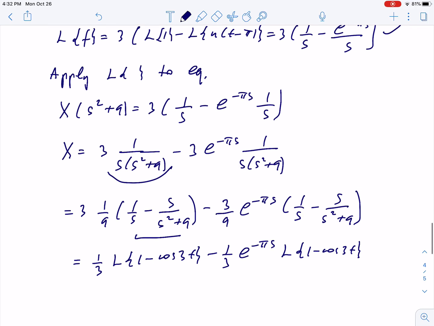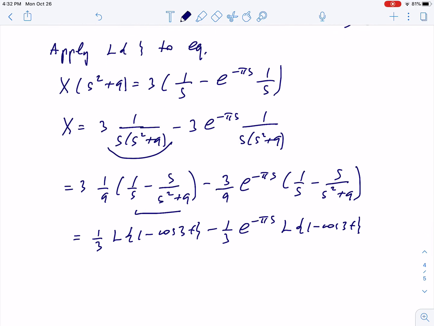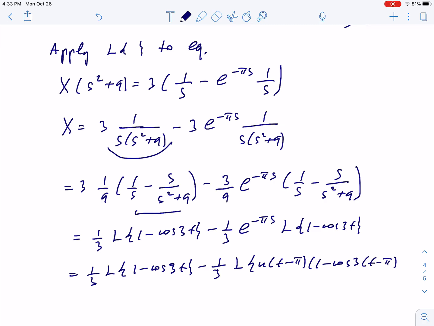For the second term, we need the t shift. First term, we rewrite 1 minus cosine 3t. And here, 1/3 we keep. This becomes Laplace of u(t minus pi) times (1 minus cosine 3(t minus pi)), in place of t minus pi. Okay.